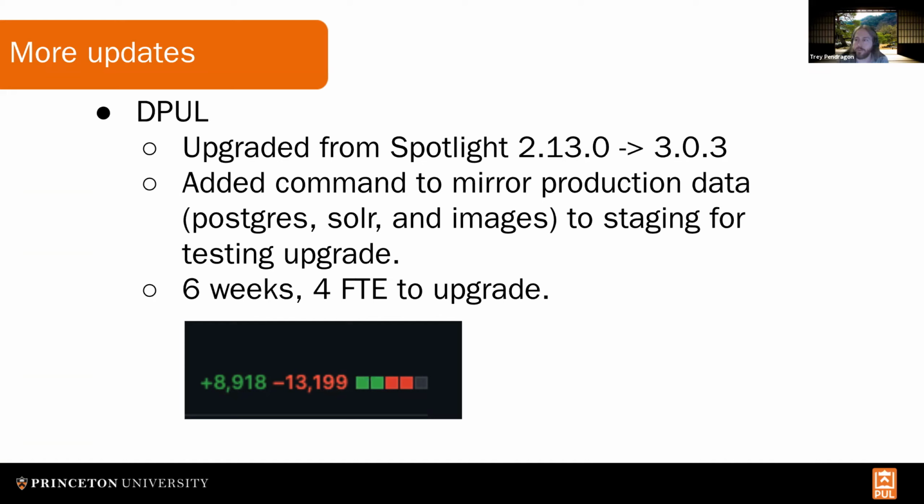As part of that, we've added a command to automatically mirror our production data for Postgres, Solr, and images to staging, which we'd be happy to talk about or share. And we can share any experience with how much effort it's taken us to do that migration. It took us 6 weeks and approximately 4 FTE over that time period. You can see our nice little diff here for the pull request, and it was just merged.